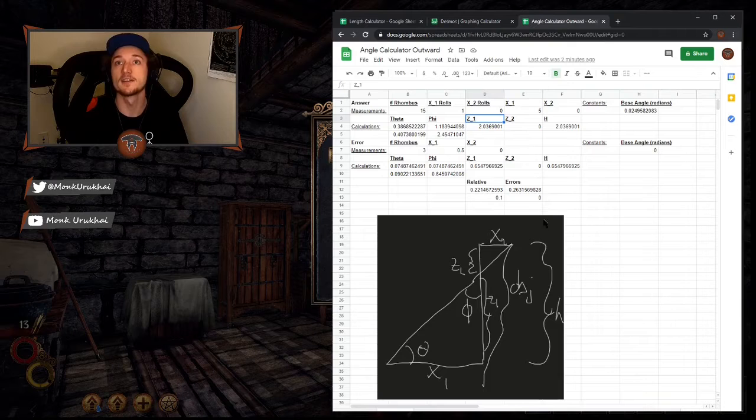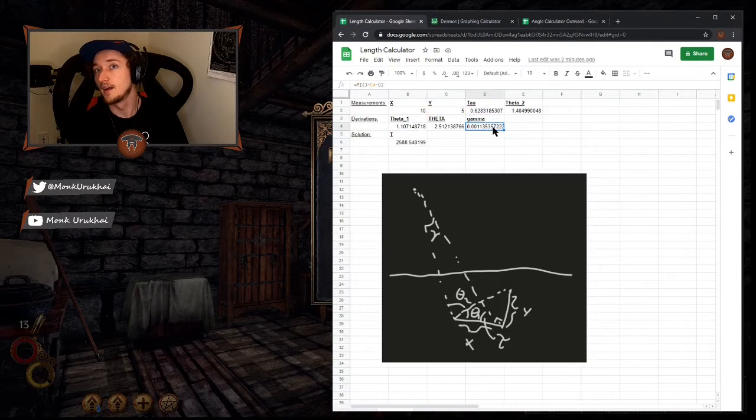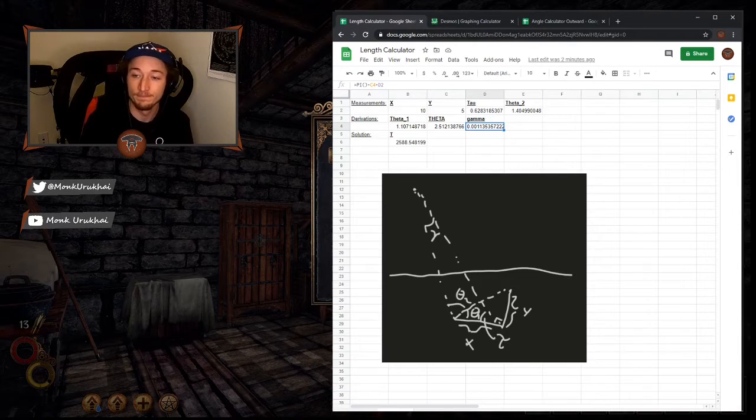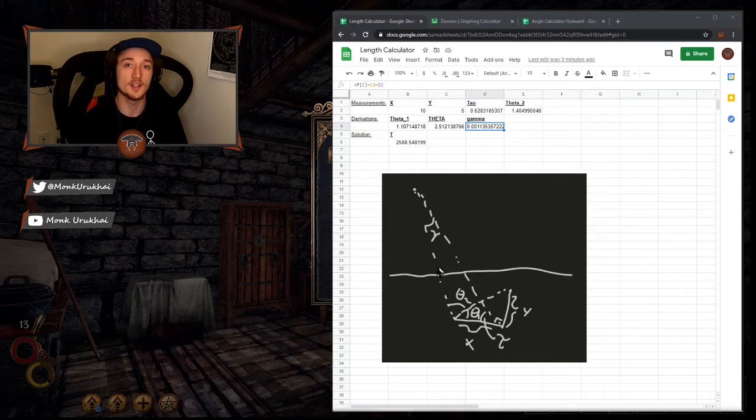In our case, x is 0.001. But we have two unknown sides, right? These are both lengths that we can't know. No matter what we do, no matter what triangle we make, we will never know either of those sides. So we're forced to use the law of sines.